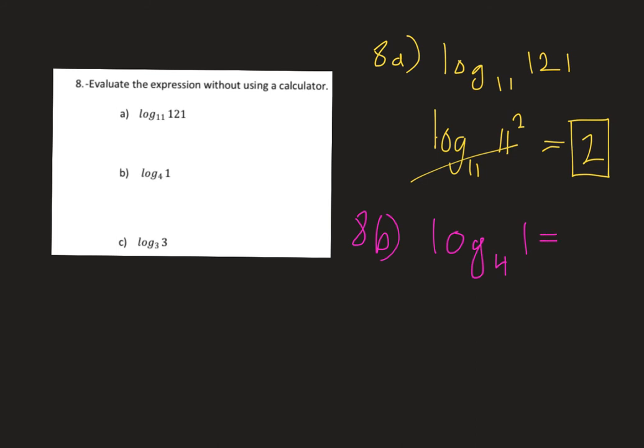So if I have log base anything of 1, if you think of that as an exponential expression, it should just be 0 because 4 to the 0 power is 1. So log base anything with a 1 is always going to be 0.